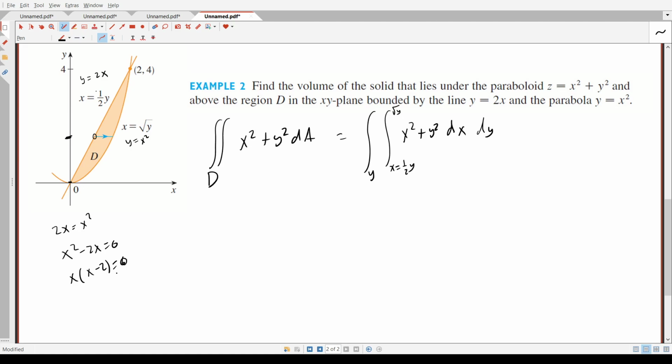This tells me they intersect at x equals 2, and then y equals x squared, so y equals 4. So that's going to be my other limit. I'm integrating all of these slices from y equals 0 all the way up to y equals 4.